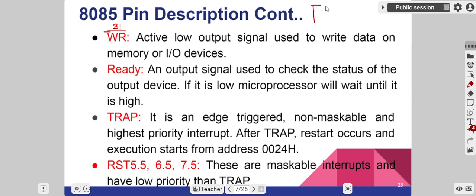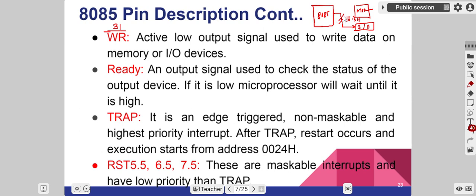Suppose we have this microprocessor here, 8085, and we also have one memory connected here, and one input output device connected here. Let's suppose we are activating this input output device by addressing it with the help of address lines. These are 16-bit address lines.